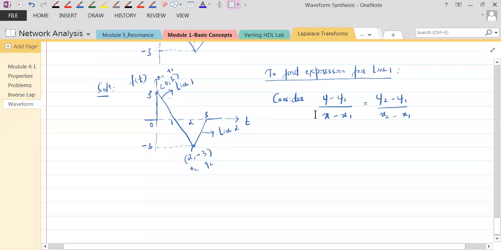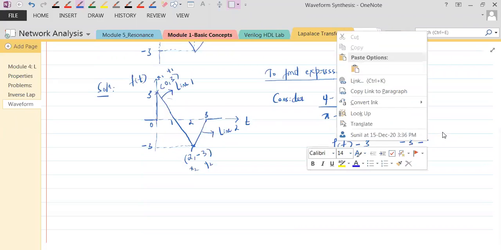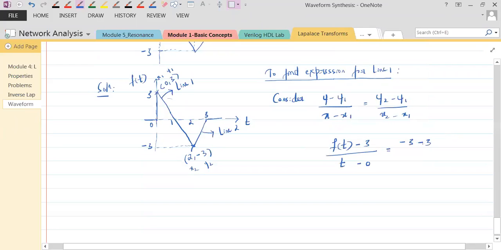Fine. So get me that, everybody. Y is f of t, y1 is 3, divided by x is t and x1 is 0. This is how it comes. Then y2 is minus 3, y1 is 3, similarly x2 is 2 and x1 is 0.